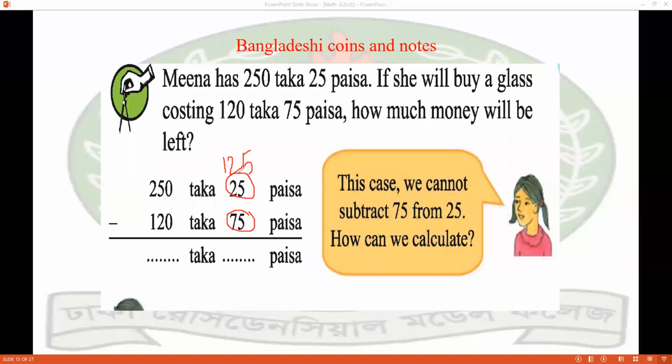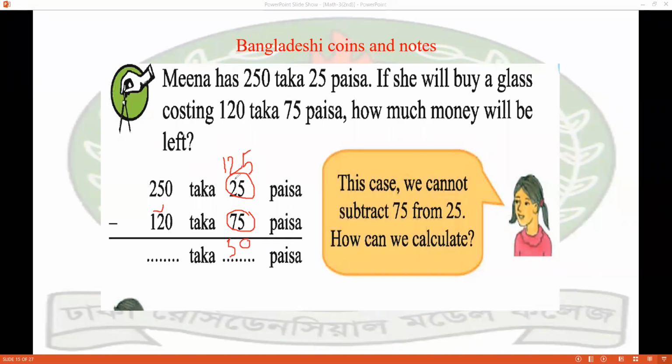This extra 100 paisa we take from the 120 taka. Here remain 119 taka, and then we subtract it. So 5 and 5 will be 0, and 12 and 7, so there will be 50 paisa.